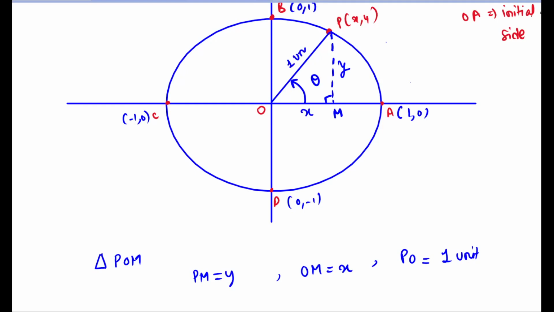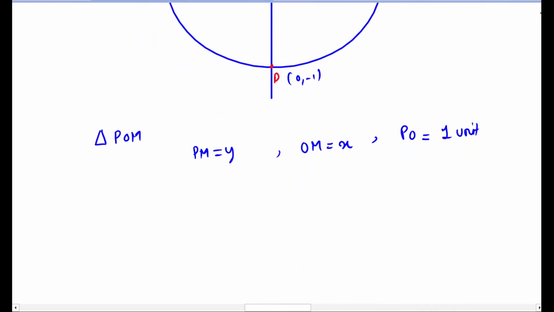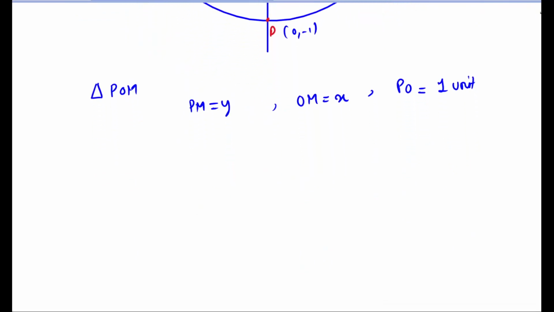So the triangle POM is a right angle triangle. This is x, this is y, and this is 1.